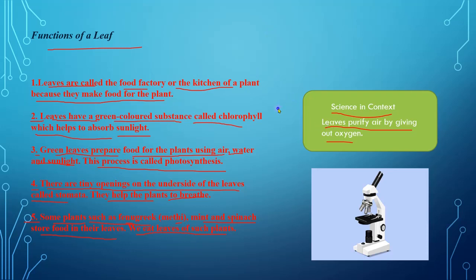This process is called the recycle. Okay, so we will get oxygen from leaves. Then we will study our body. We will take the oxygen inside our lungs and we will replace the oxygen with carbon dioxide and give out the carbon dioxide.